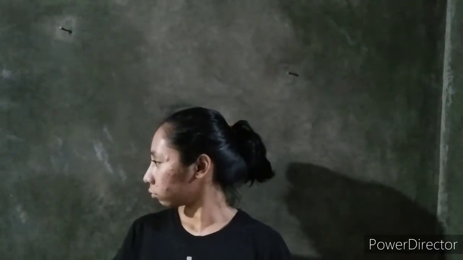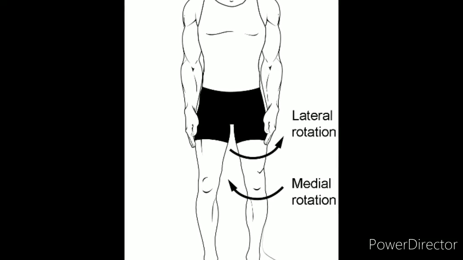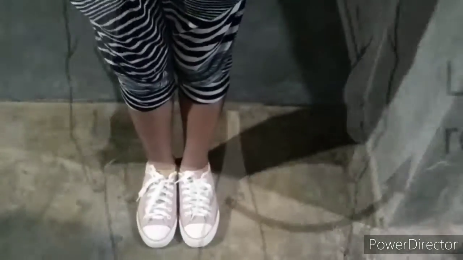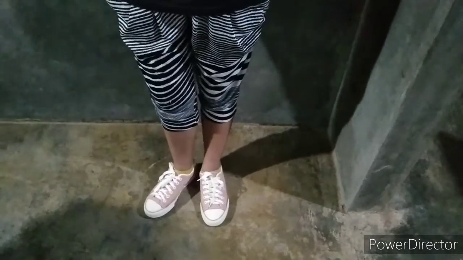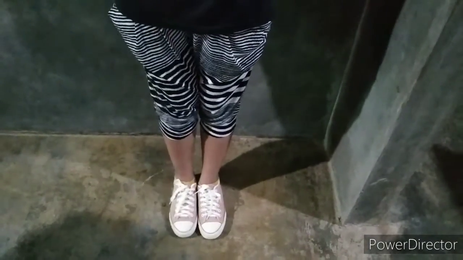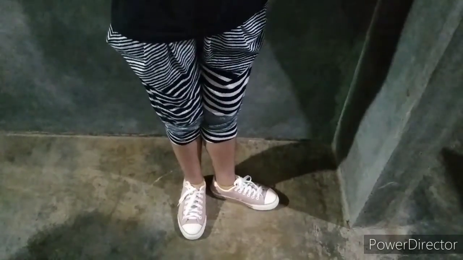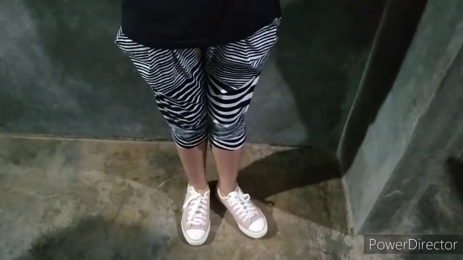While the neck and head turn left, that is lateral rotation. When the right lower limb turns right, that is medial rotation. While the left lower limb turns left, that is lateral rotation. So that's all for the medial and lateral rotation of neck, head, and lower limb.